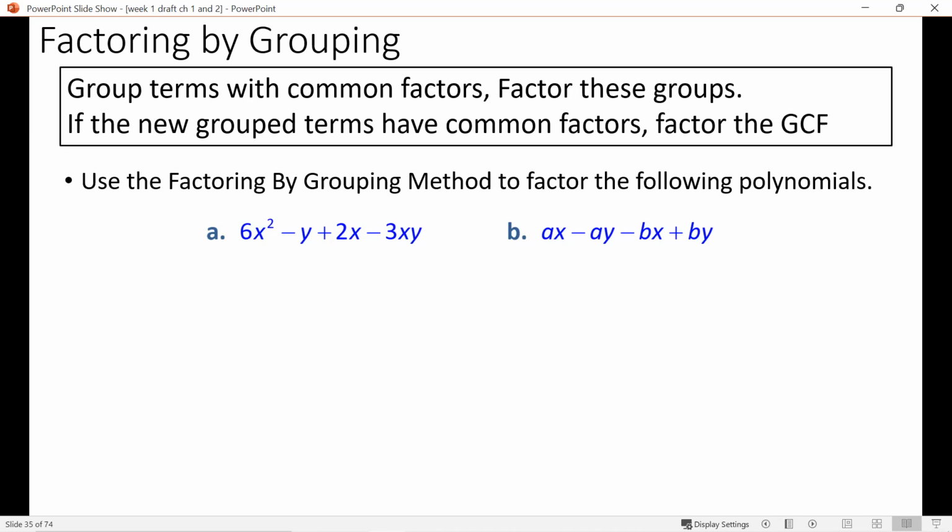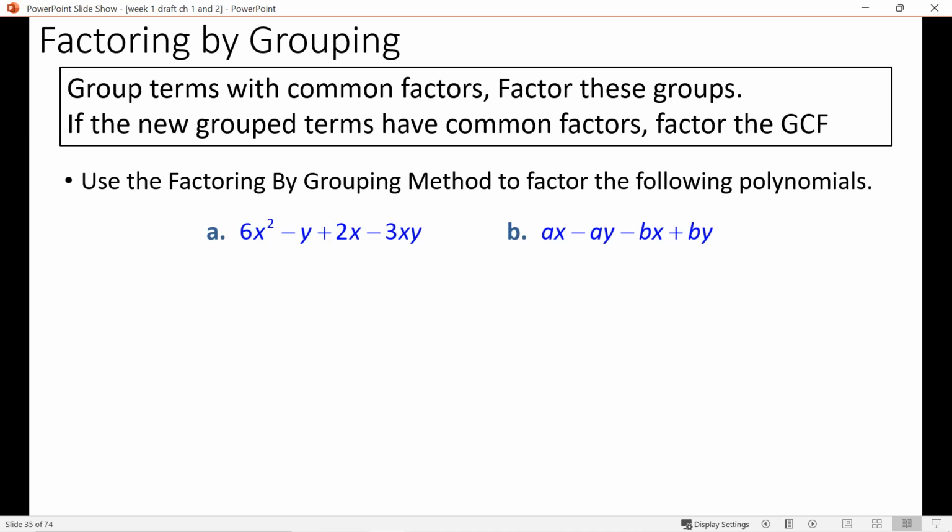So to factor by grouping, we basically group the terms that share common factors and just factor the GCF out of these groups. Okay. So for example, in our first problem here, this 6x squared minus yx minus 3xy, you notice that all 4 terms don't share any common factors. So if we tried to factor out the GCF, we couldn't.